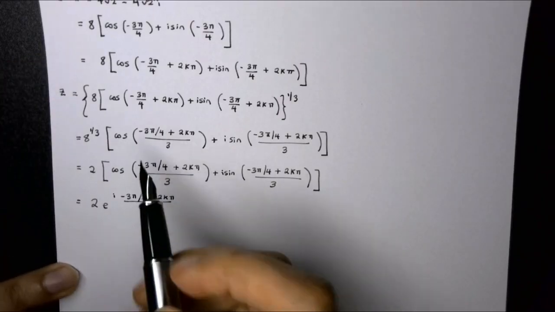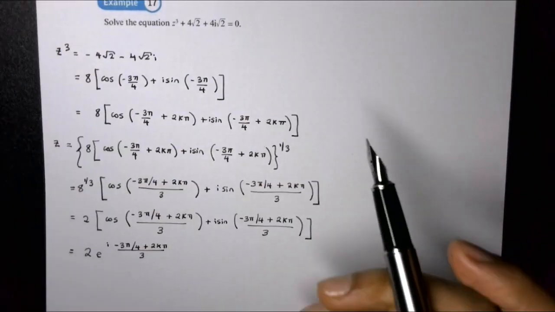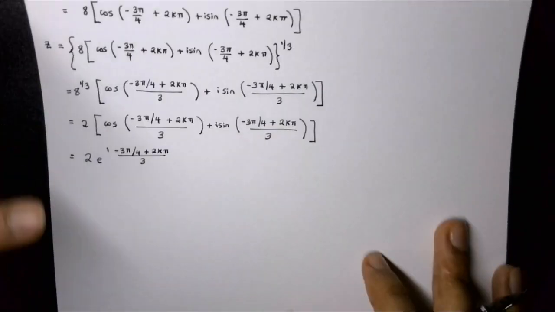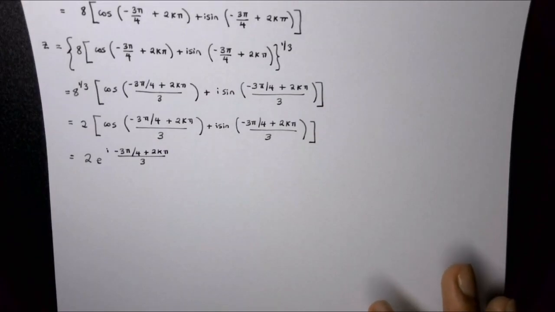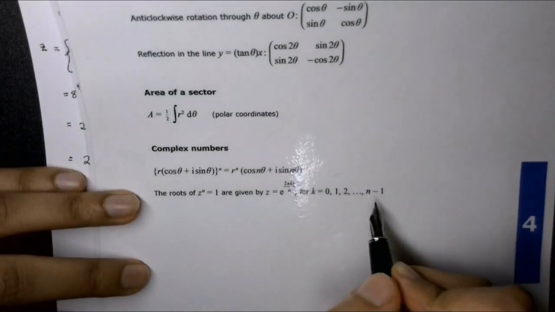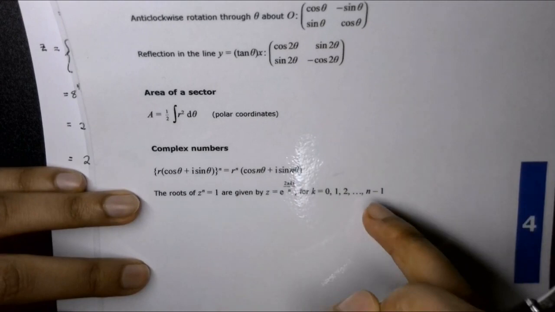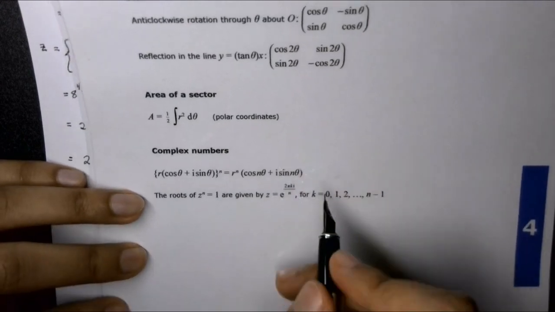And for us to find the 3 roots of this equation here, we need to choose different values of k. And you may remember from the formula book, we start at k equals 0, we end at k equals n-1. And of course over here, because we've got a z cubed, we will end when k equals 2.